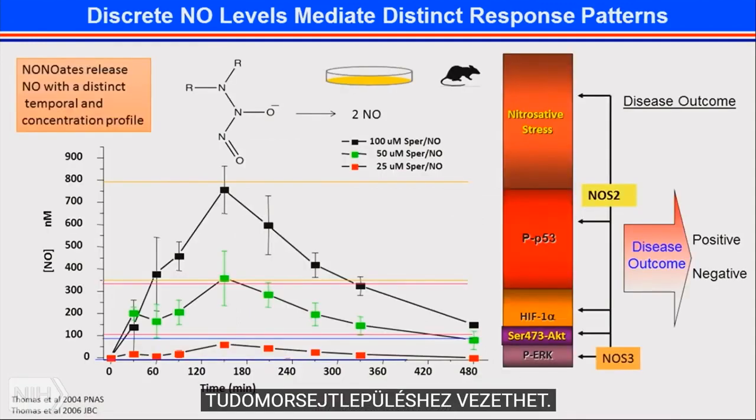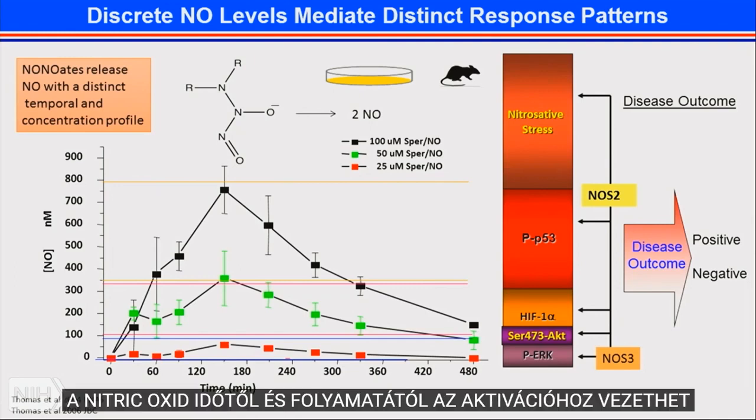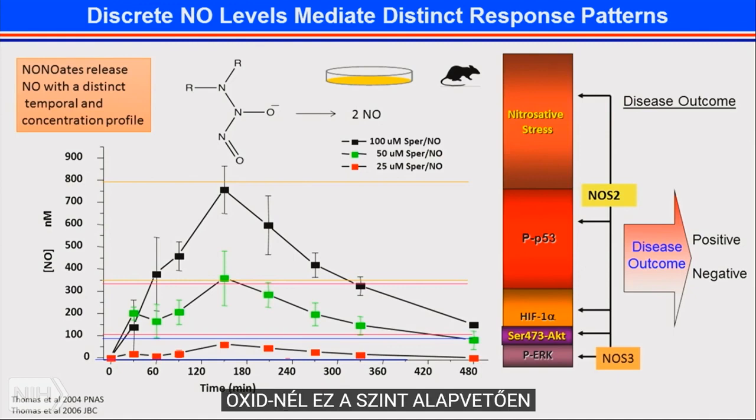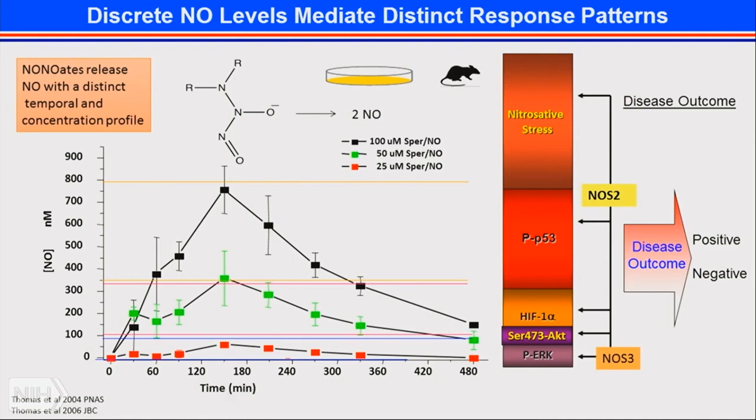So in our lab, we use these diazeniumdiolates, and we have found that depending on the time and flux of nitric oxide, it can lead to activation of different molecular signatures. For example, at a low nitric oxide concentration, ERK is phosphorylated, and this level can be correlated to the amount produced by NOS3.